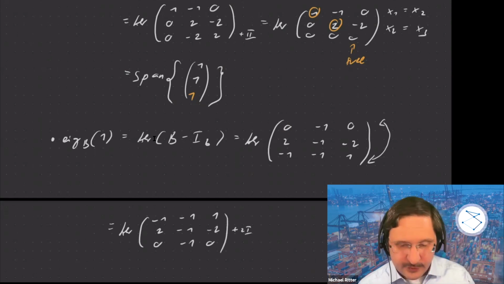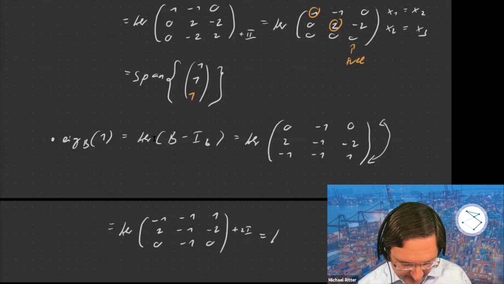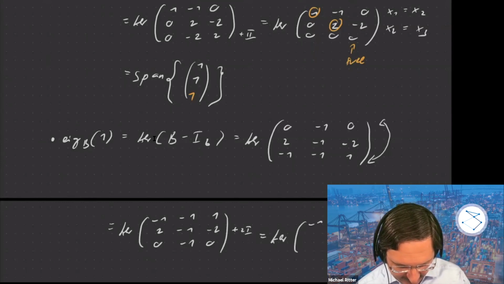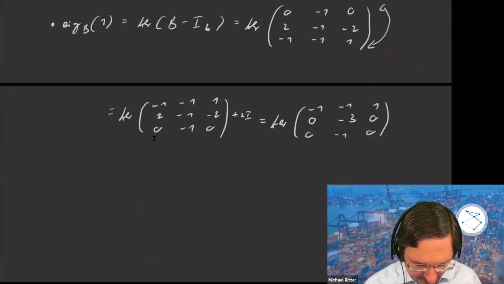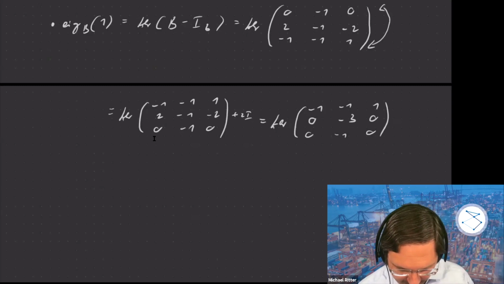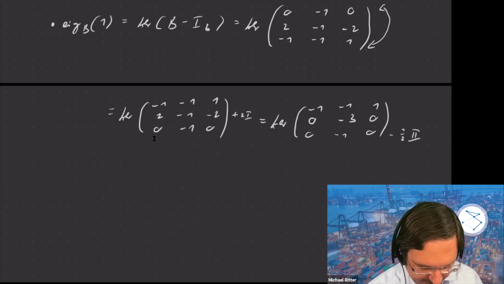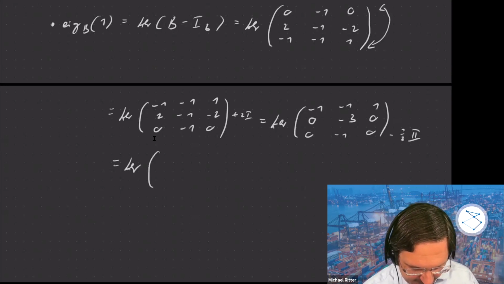Then we can add 2 times the first row to the second one to simplify that. That yields a second row of 0, -3, and 0. Obviously, subtracting a third of row 2 from row 3 will give us a 0 row once again. So we get -1, -1, 1, 0, -3, 0, and 3 zeros.